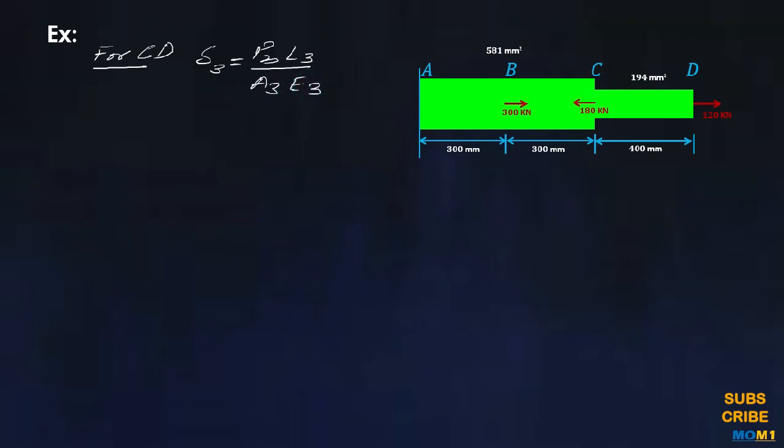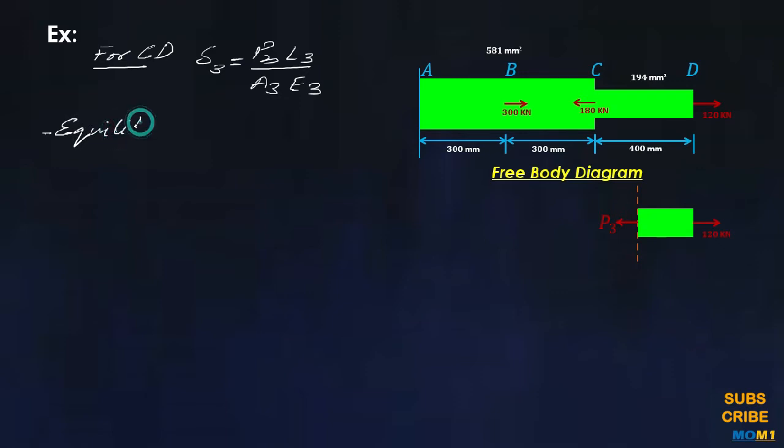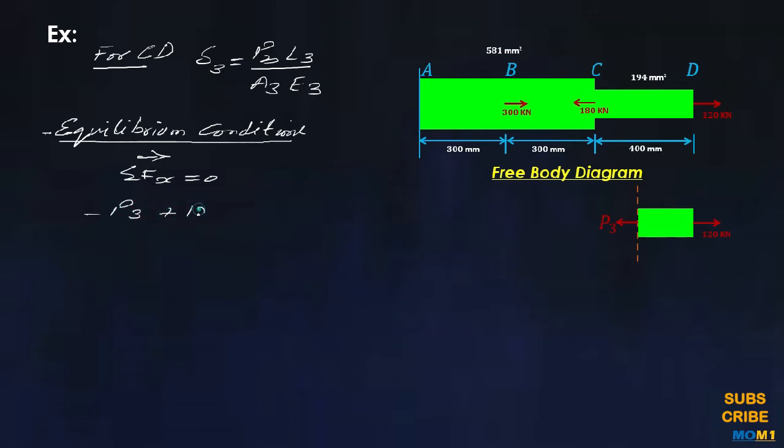Now to calculate the value of this P3, again using free body diagram for the section CD and applying equilibrium conditions as summation of forces along x-axis 0, so minus P3 plus 120 kilonewton equal to 0, so P3 is going to be 120 kilonewton.